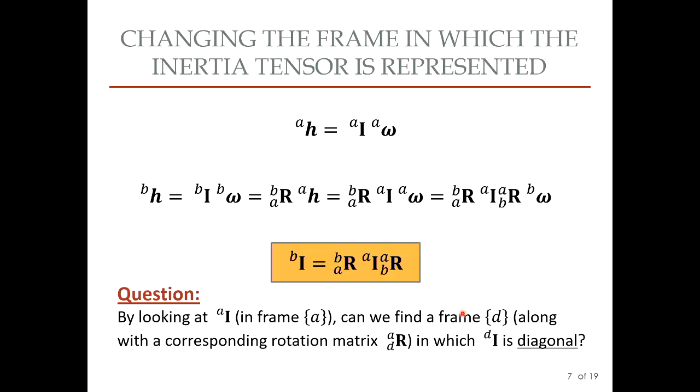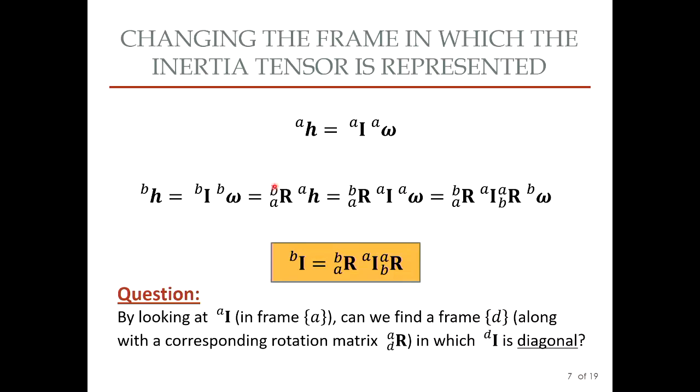Remember, the inertia tensor is not a vector, so it's not simply like what we do for vectors, multiplying by a rotation matrix. Here you will see that we need to multiply by two rotation matrices from both sides, the opposite ones. I just want to go through this slide so that you digest this idea, and then we move back to finding the principal axes.